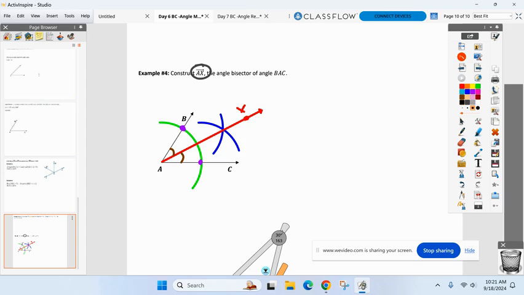Anybody need any assistance? I know it's not true for some of you, but I'm hoping that you're becoming more comfortable with that compass of yours, figuring out where to hold it.